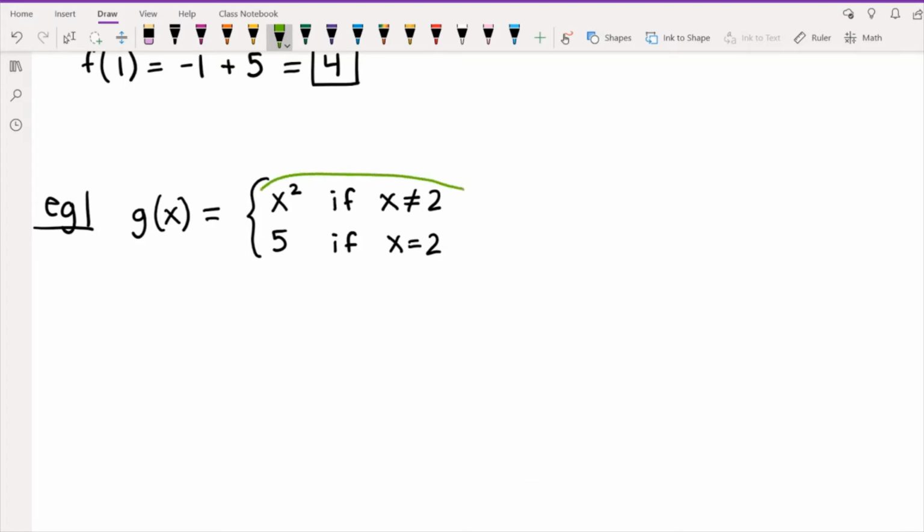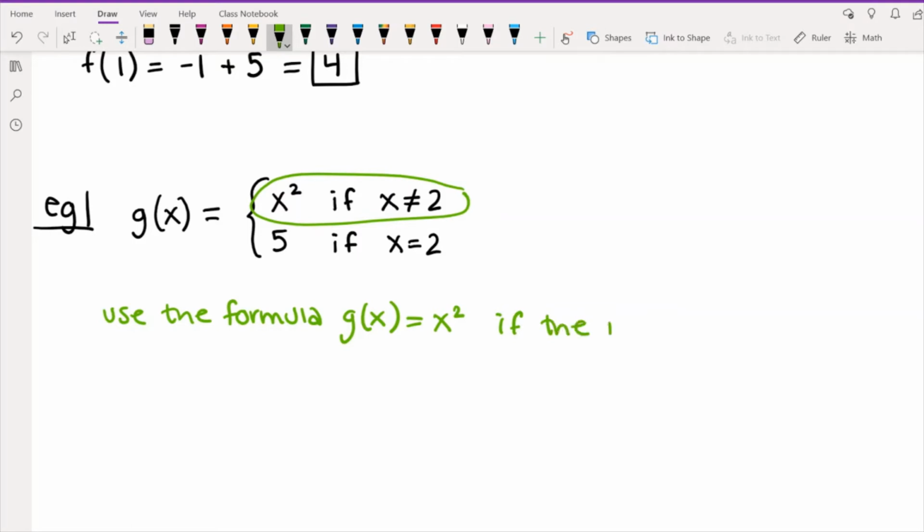So in this case, this is telling us to use the formula g of x is equal to x squared if the input is any number other than 2. I'll say that as besides 2.